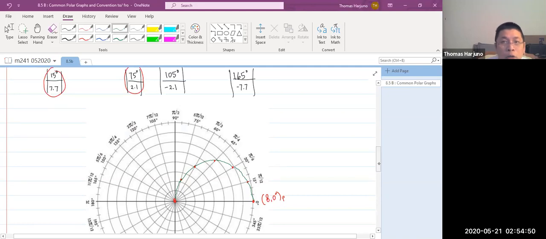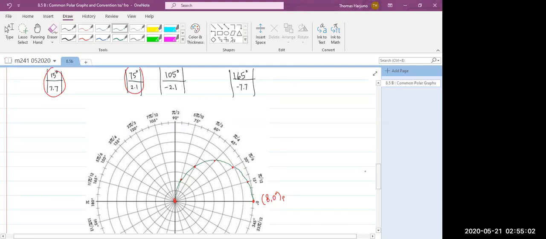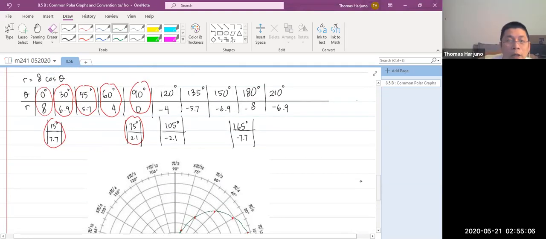We're at 105. Now, yes, at 105 degrees, I get negative 2.1.